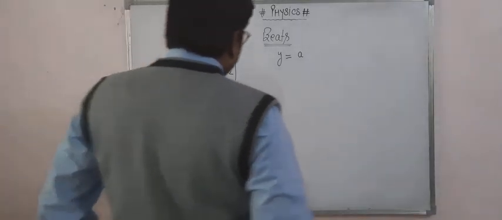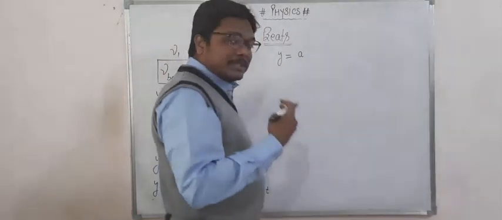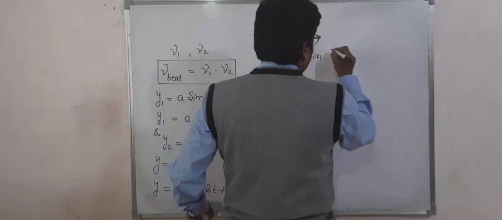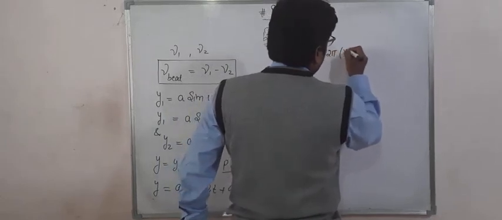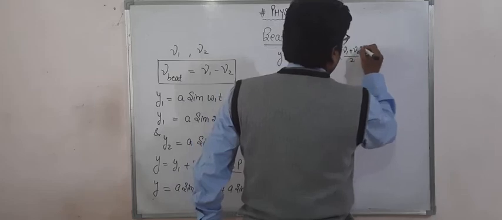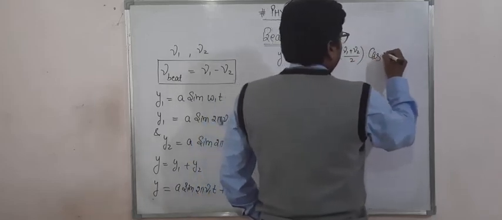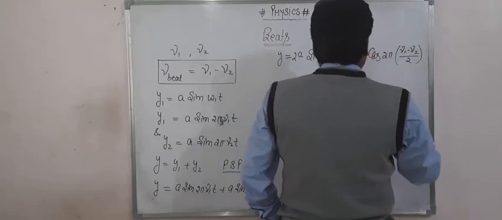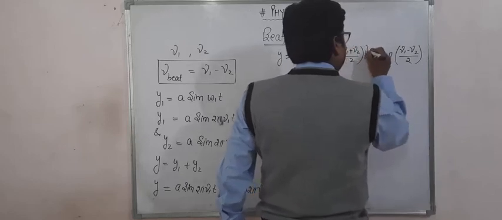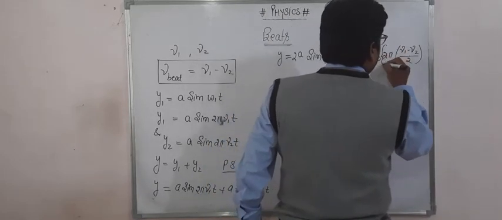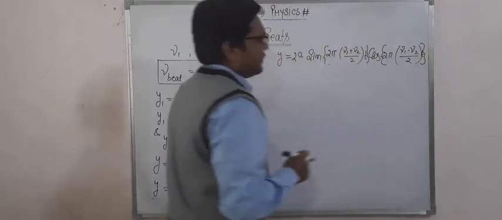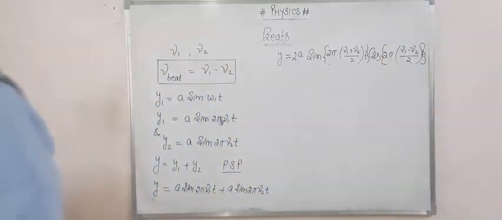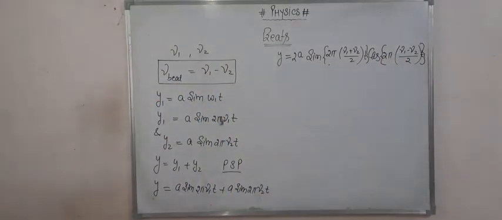So I am writing here, I am moving aside so that you can see it well: 2a sine, 2 pi common, nu1 plus nu2 upon 2, times cos 2 pi nu1 minus nu2 upon 2, times t. The t is in this bracket and also in this bracket; t is common, 2 pi is common. So what are these nu1 plus nu2 upon 2 and nu1 minus nu2 upon 2?